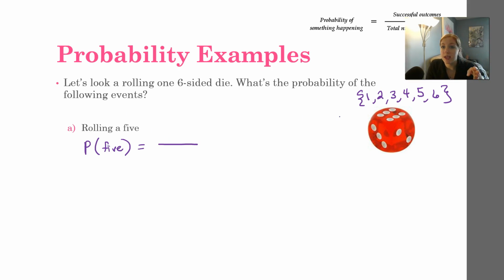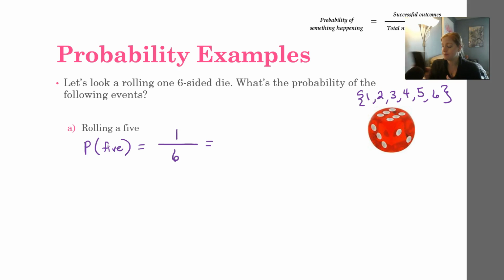So how many ways can we roll a 5? Well, there's only one. There's only one way to roll a 5. So we would write 1 on top. The number on bottom is the total number of outcomes. So we look at how many different outcomes there are. There's a total of 6. So it would be 1 out of 6.